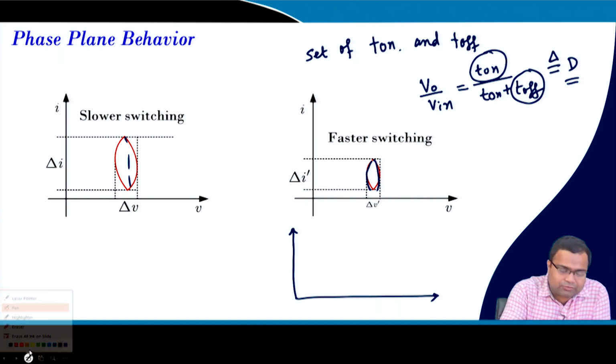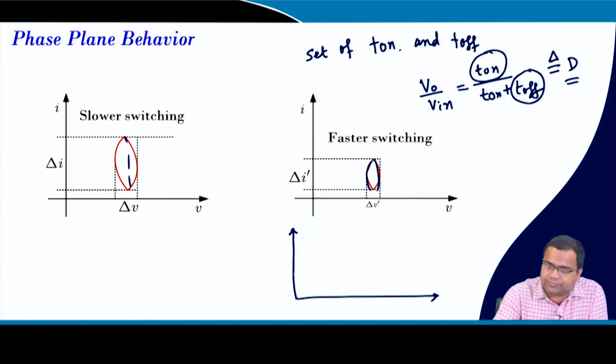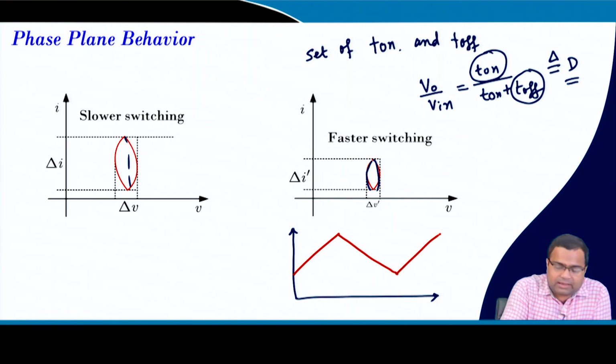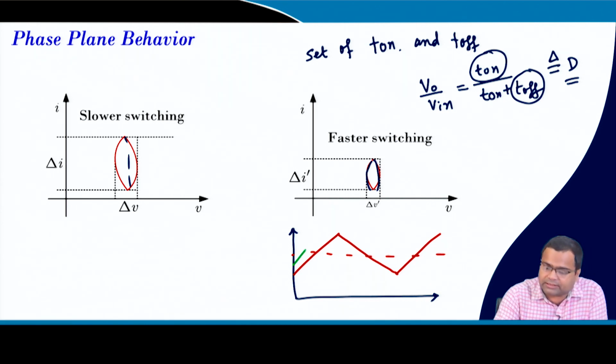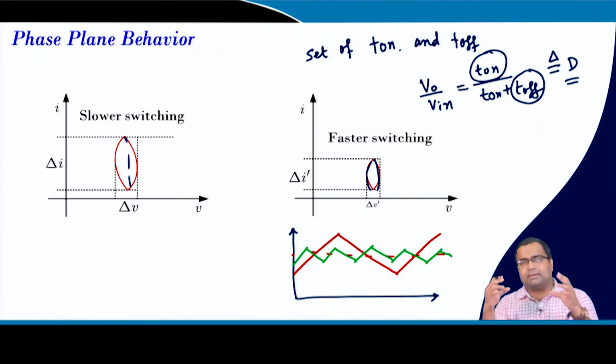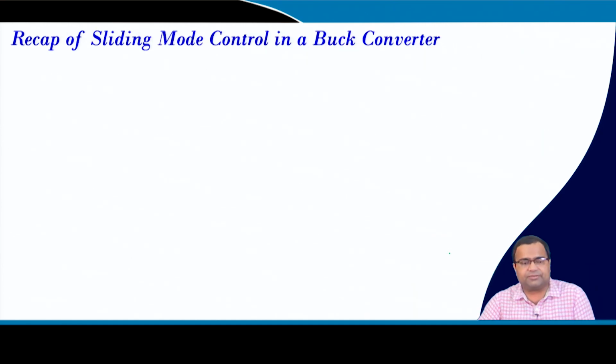Suppose in one scenario the current ripple is like this, with this average value, and in the other scenario it is like this. The average will remain the same, but we have increased the switching frequency and the ripple has come down. So, these are the faster and slower switching frequencies.